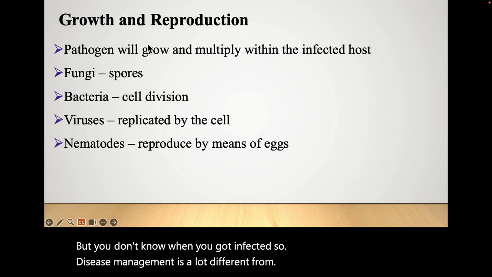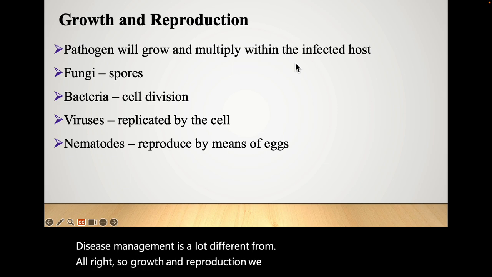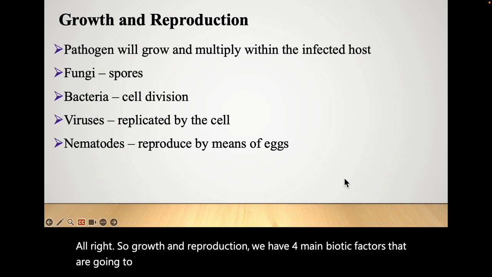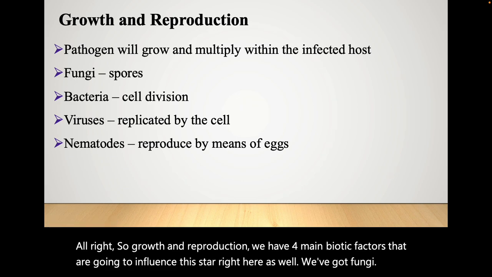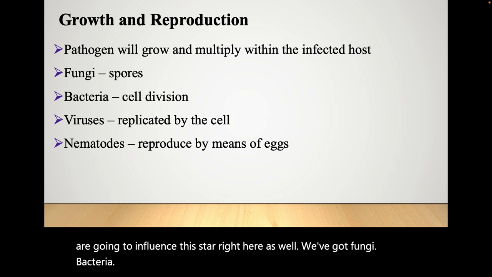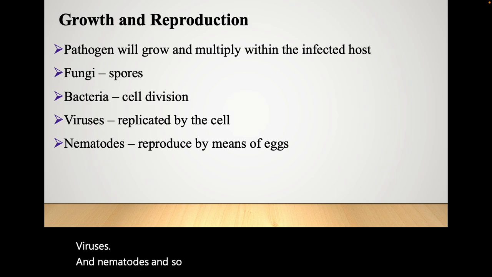All right, so growth and reproduction, we have four main biotic factors that are going to influence this. Start right here as well. We've got fungi, bacteria, viruses, and nematodes. And how these reproduce is important for what type of chemical we're going to use.